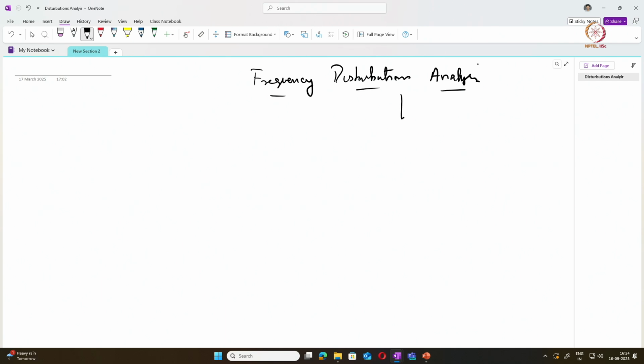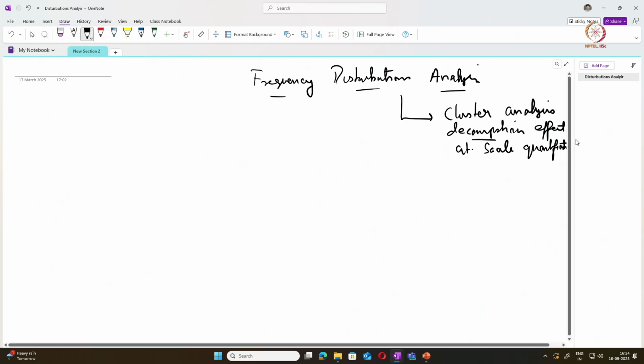Usually these are helpful in cluster analysis, I'll come to these terms later, and decomposition effects in the microstructure that may be related to the phase separation and formation of precipitates. Through these we can get the atomic scale quantification.